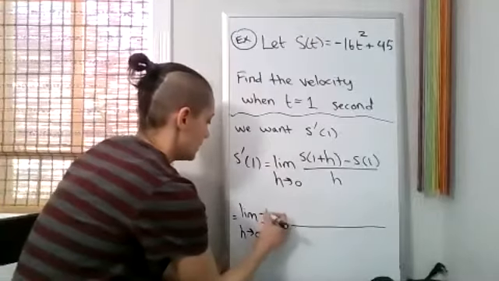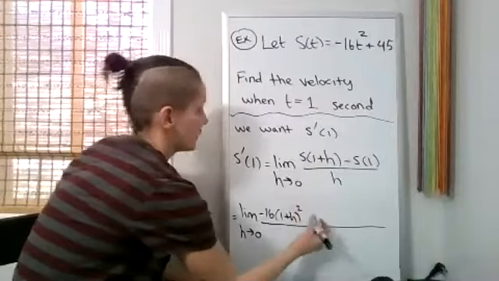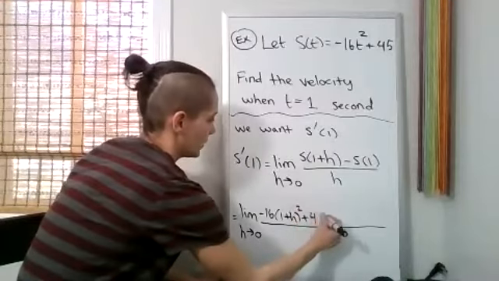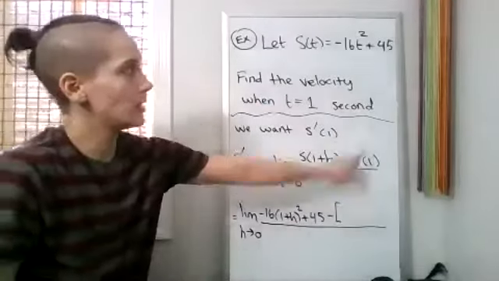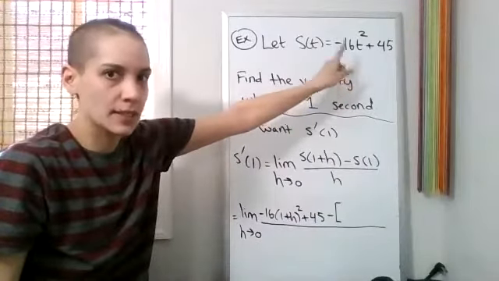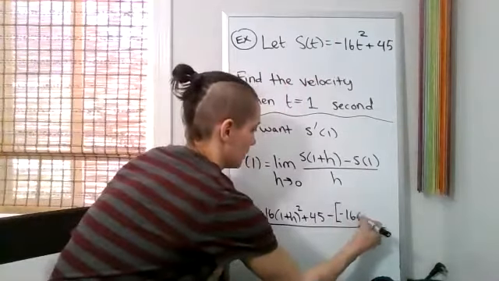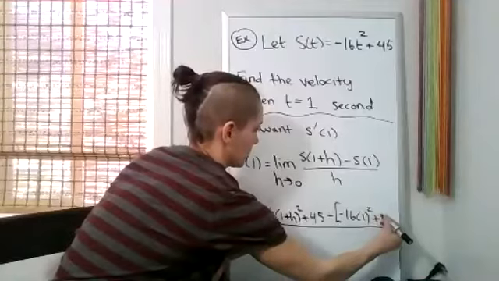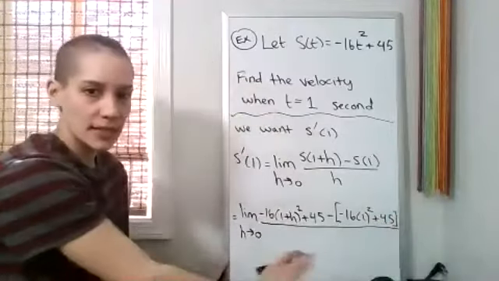Negative 16 times 1 plus h squared, add 45, minus, put in 1 to the function: negative 16 times 1 squared, add 45. That's the numerator. Divide everything by h.